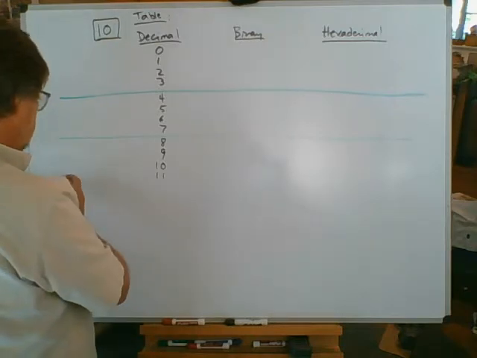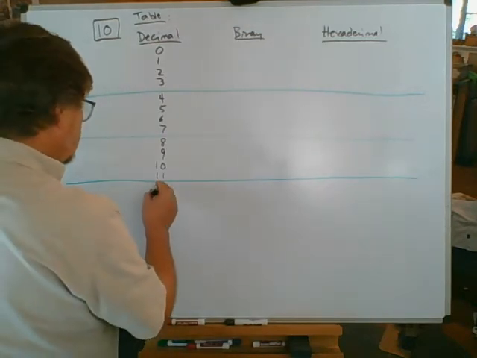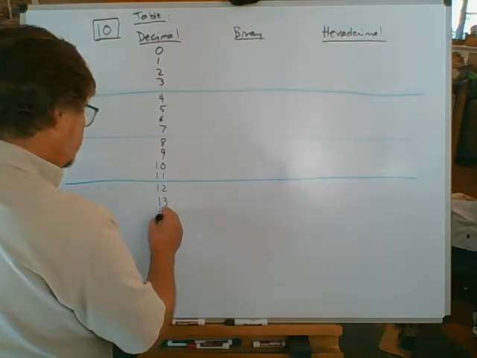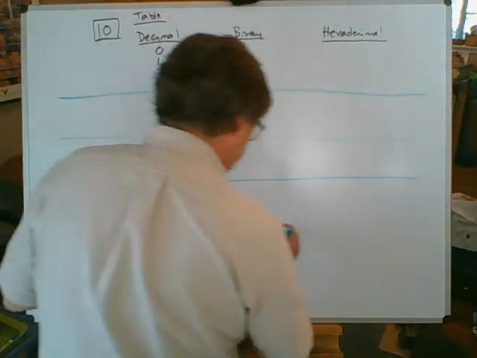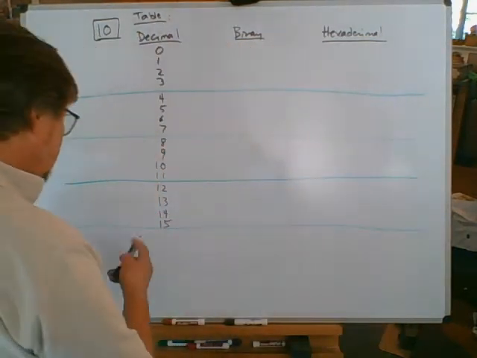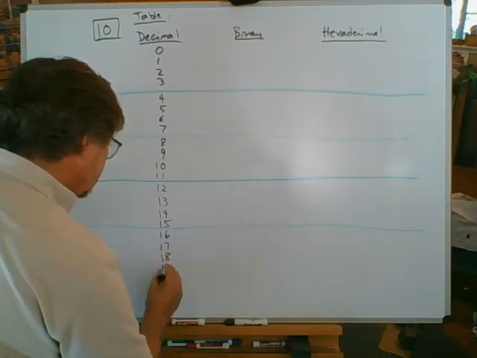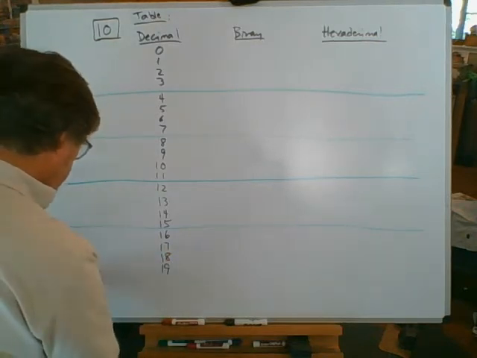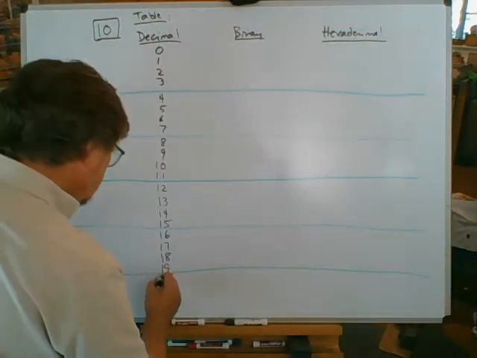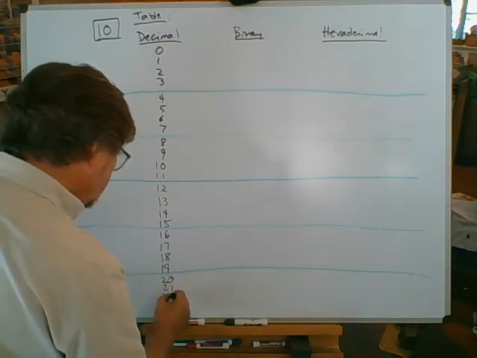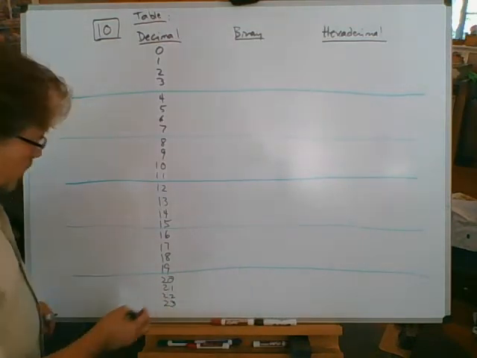Line. 12, 13, 14, 15, line. 16, 17, 18, 19, line. I got one more chunk I've got space for. 20, 21, 22, 23. And no, that's not all the possible decimal numbers. That's just all I could fit in this column on the whiteboard.